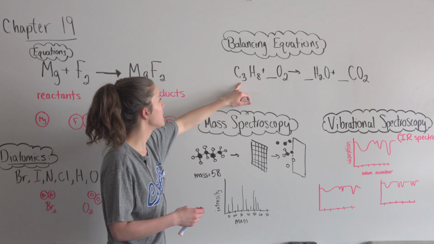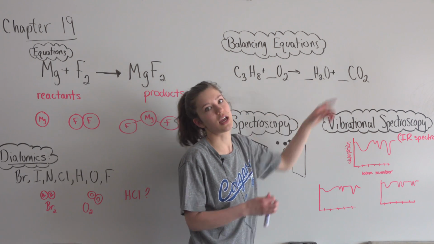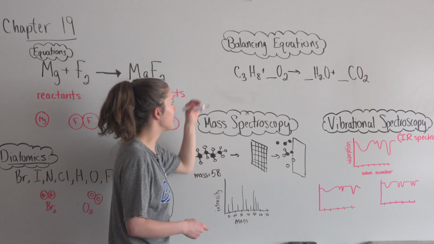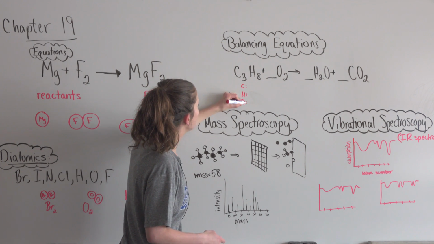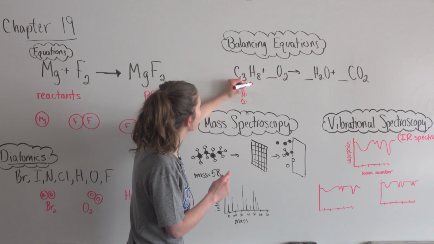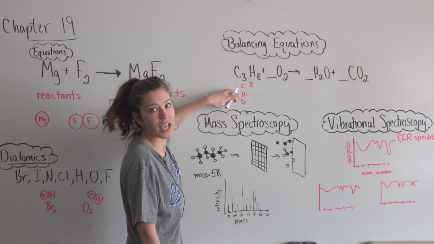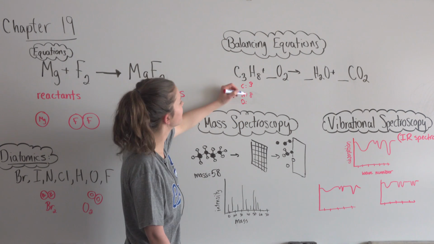So you notice here, there's 3 C's, and then there's only 1 C on this side. So the process of doing this is you're just going to count how many molecules are on each side. So right here, we have 3 right now. We have 8 H's, and then we have 2 O2s.